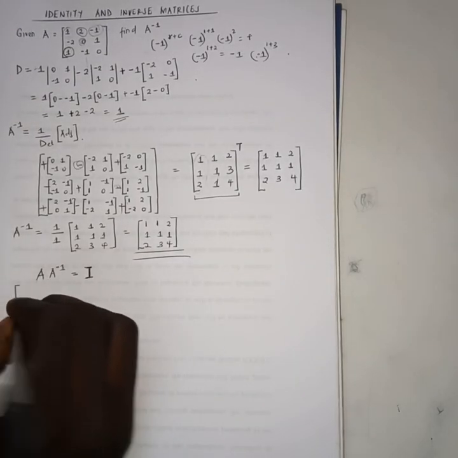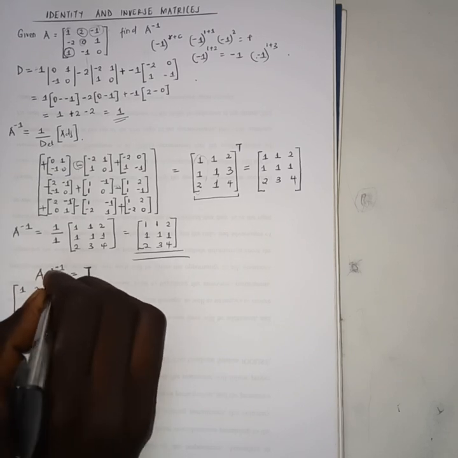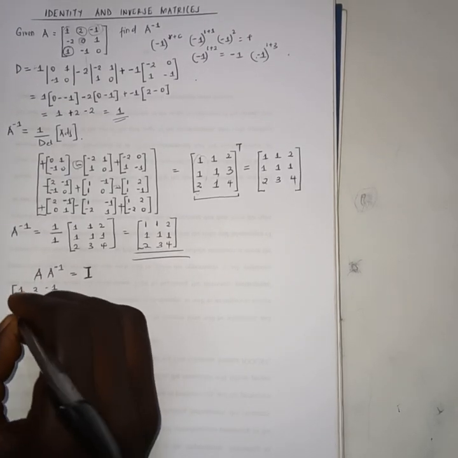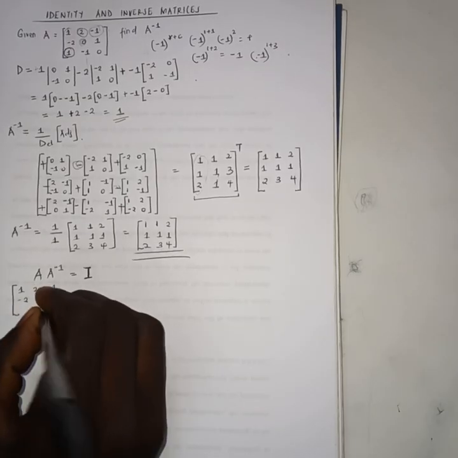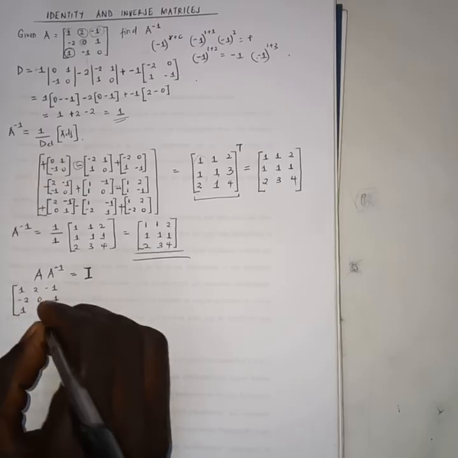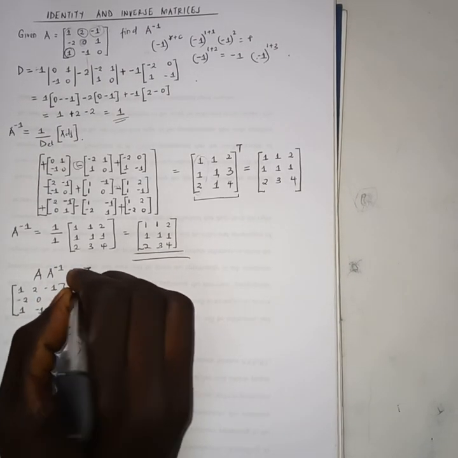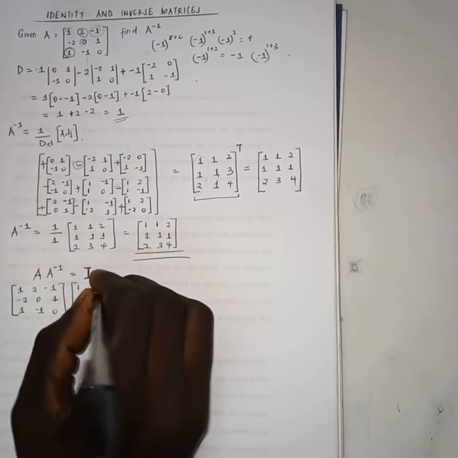So we'll be having 1, 2, negative 1, which was the original matrix, negative 2, 0, 1, 1, negative 1, 0, and you are going to multiply it by the inverse, 1, 1, 2.